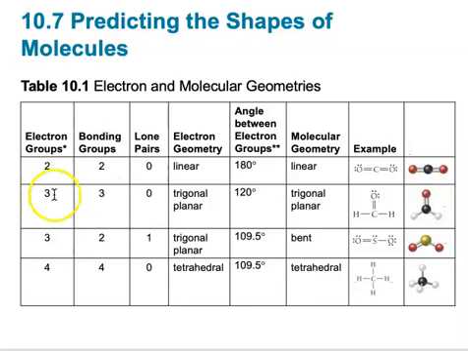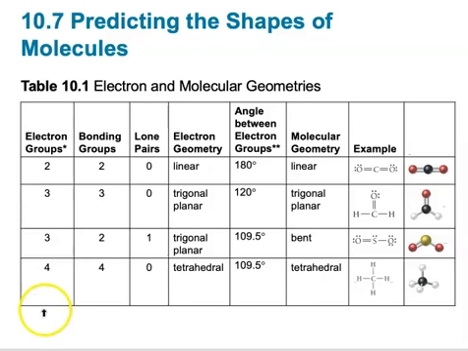If we have 3 electron groups, 2 bonding groups, and a lone pair of electrons, the electron geometry is going to look trigonal planar, but what we are going to actually end up with is a bent arrangement of the atoms.